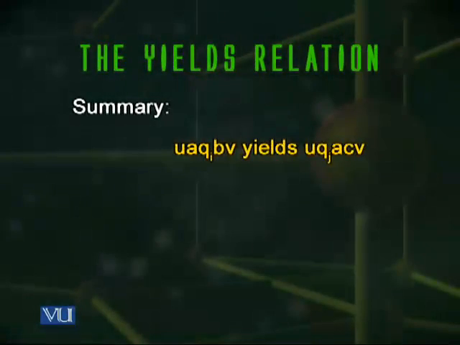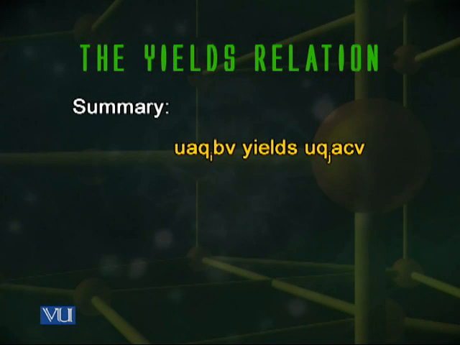Let us look at the summary once again. Let's see what the yields relation is telling us. The yields relation is telling us how the Turing machine takes a single step. The most important part of this relation is when it tells us what the machine does in a single step when the symbol that is being scanned is in the middle of the configuration.